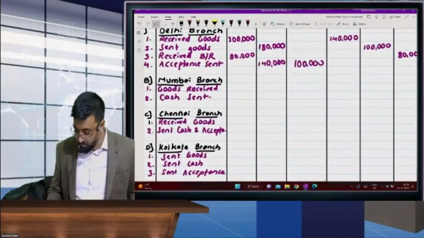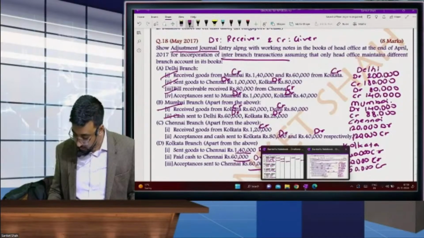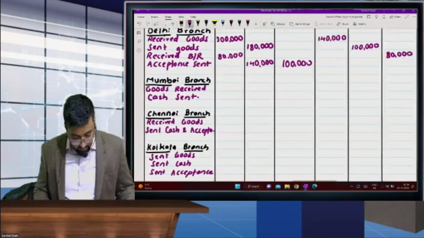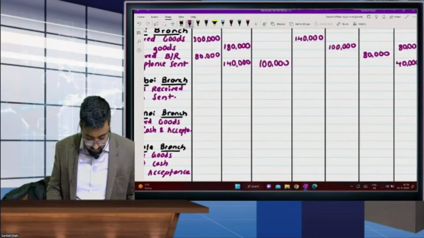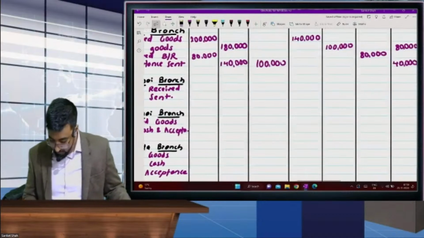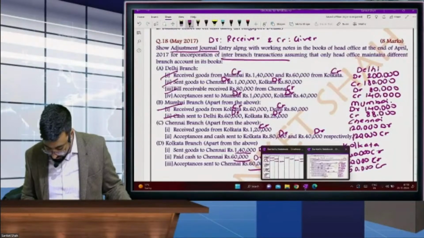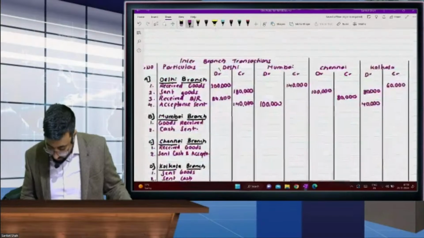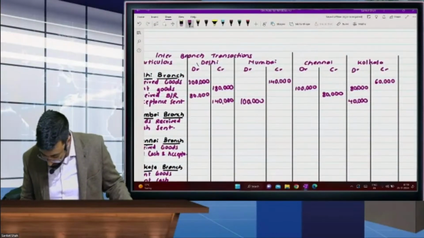Okay, now we'll do debit credit. Credit Kolkata and Delhi. Kolkata 60,000.